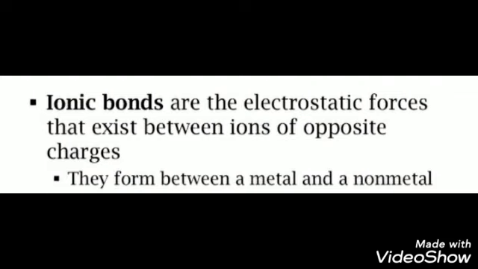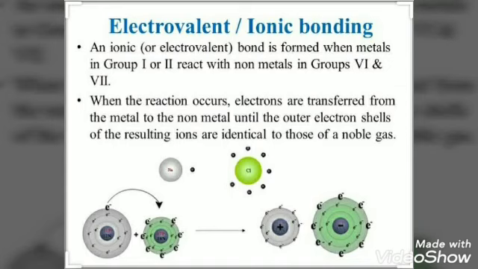Now, we know that metals usually have 1, 2 or 3 electrons in their outermost shell which they can donate to form stable positive ions, and on the other hand, non-metals usually have 5, 6 or 7 electrons in their outermost shell, so they need electrons to form stable negative ions. So, when a metal reacts with a non-metal, transfer of electrons takes place from metal atoms to the non-metallic atoms and an ionic bond is formed.